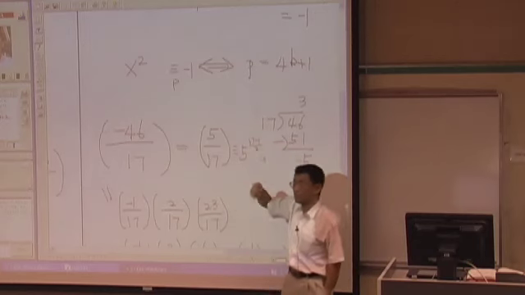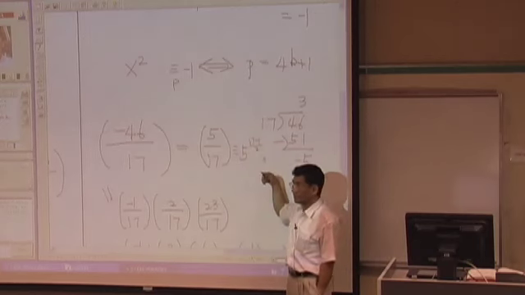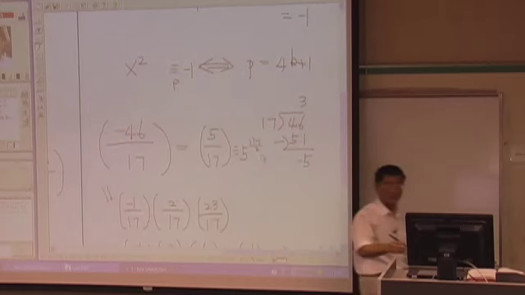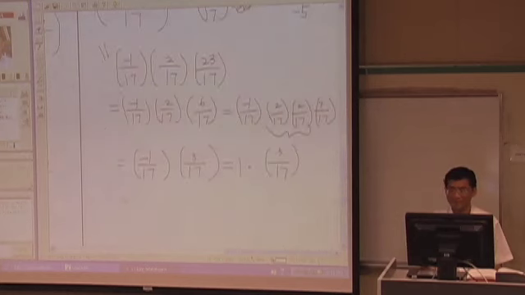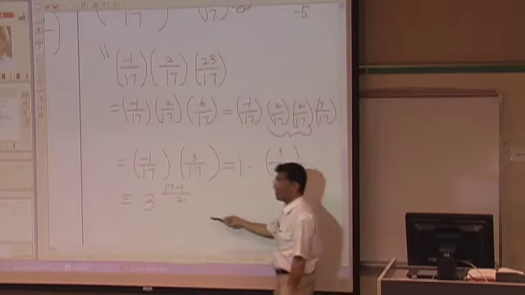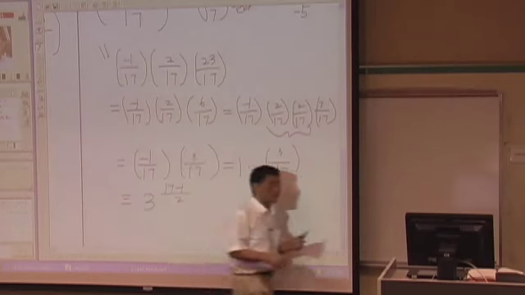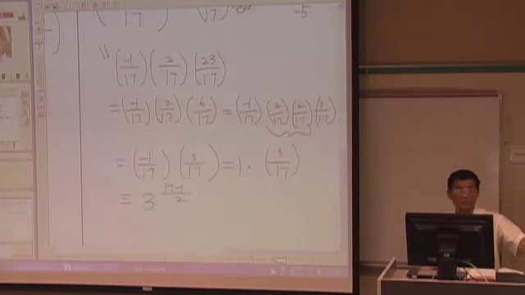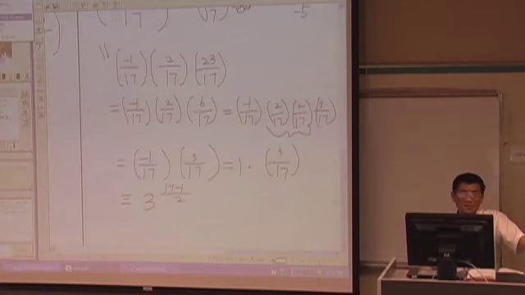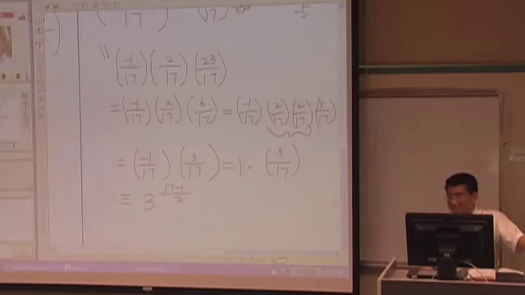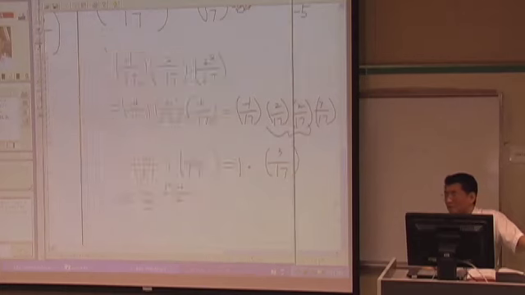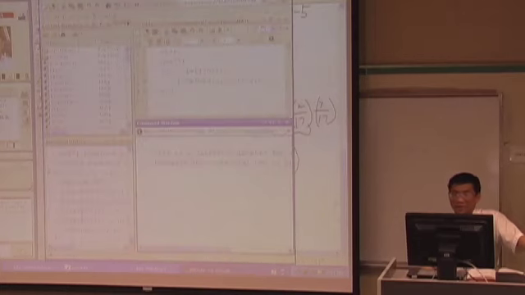But this requires binary exponentiation. That is too tedious, so I don't want to go in this direction. Even with 3, we can use binary exponentiation, 3 to the half, and then we can get the value to answer. I will use a computer algebra system to show you, but in any case, these are not easy until we have covered quadratic reciprocity.